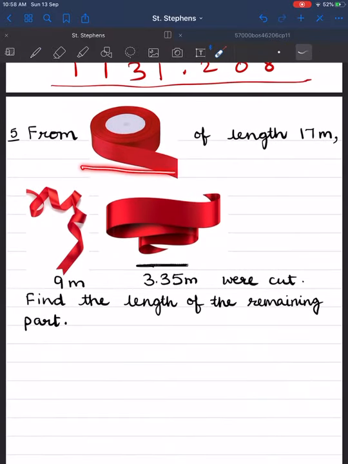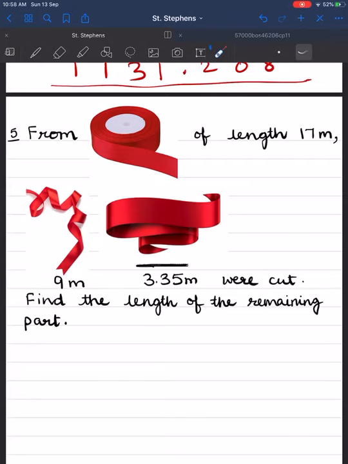Now let's do question 5. From a ribbon of length 17 meter, 2 pieces of length 9 meter and 3.35 meter were cut. Find the length of the remaining part. So in this question, we have to add the lengths of the 2 ribbons which are cut from 17 meter, and then from 17 meter we will subtract to find the length of the remaining part.